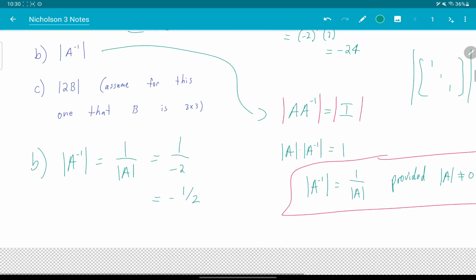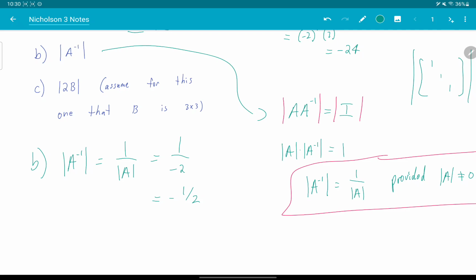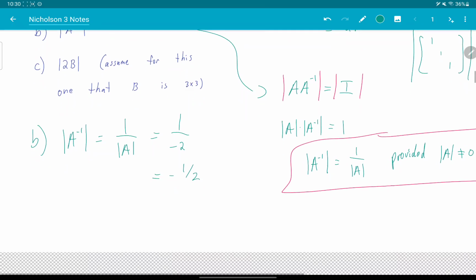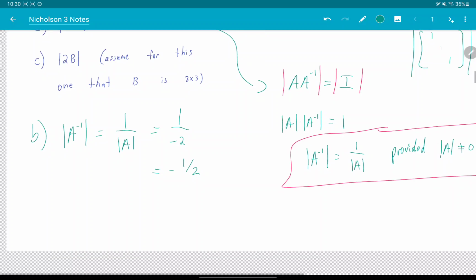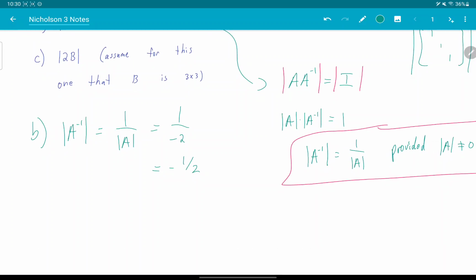Part C is another thinker. Have a think about this. So we got 2B. We're going to do this as follows. We're going to remember that B is the same thing as I times B, because in the land of matrices, the matrix I is kind of like the number 1.